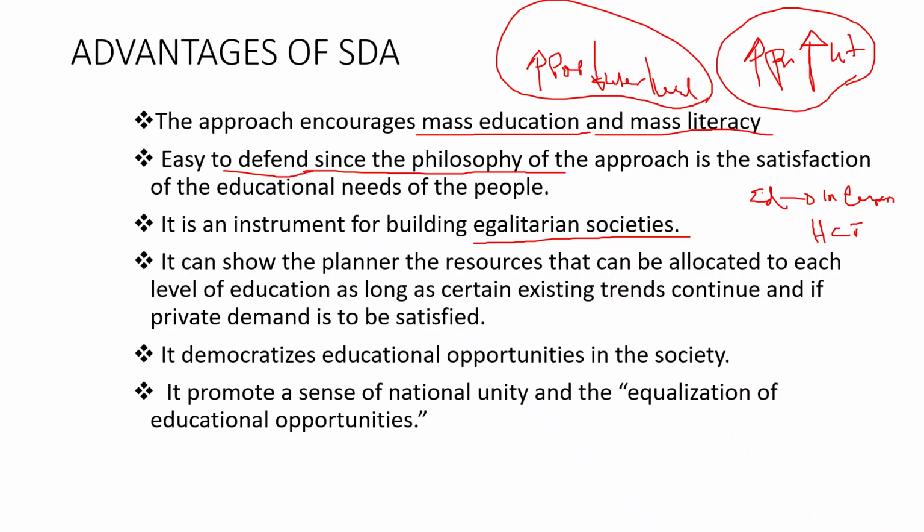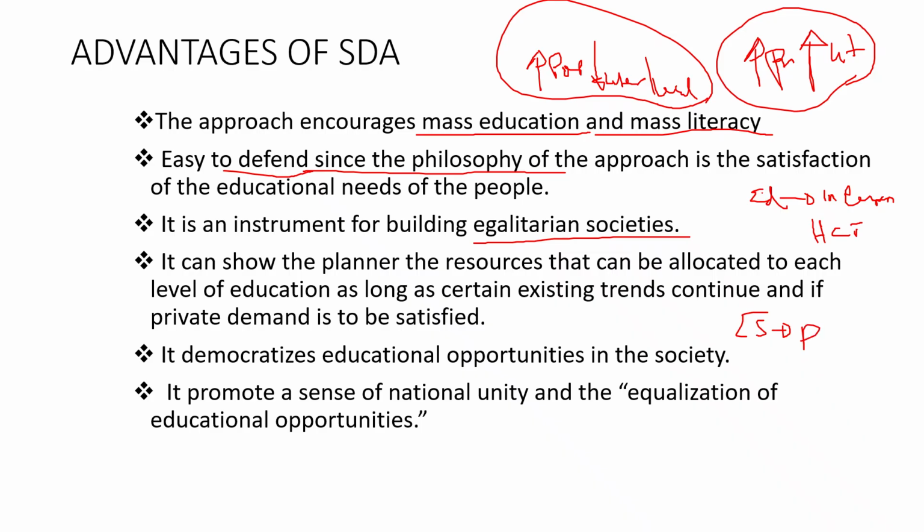Another advantage is that it can show the planner the resources that can be allocated to each level of education, as long as certain existing trends continue and if private demand is not to be satisfied. In other words, when you are planning an education system, it comprises some subsectors.